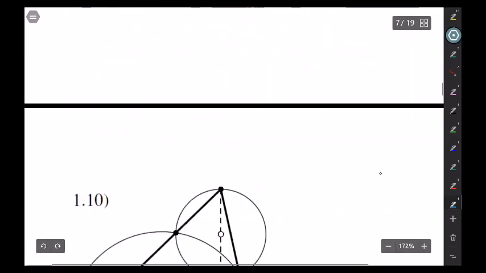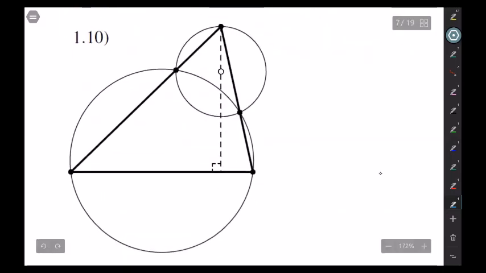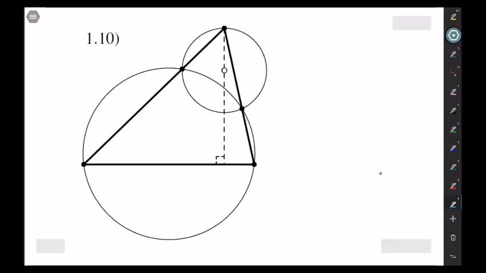All right, so here comes our next drawing. Yes, exactly. So what is the statement here? Let me give you a couple of minutes to think about this one.